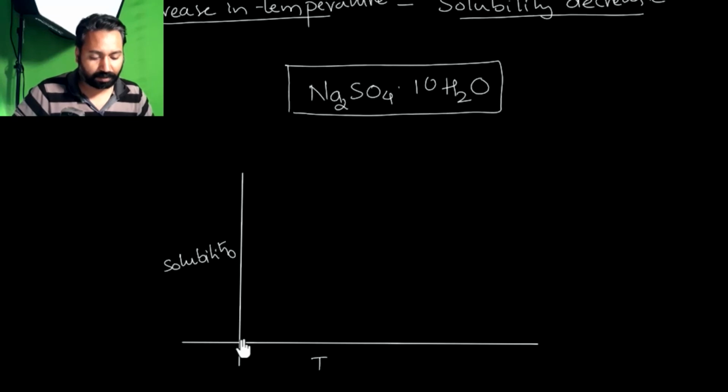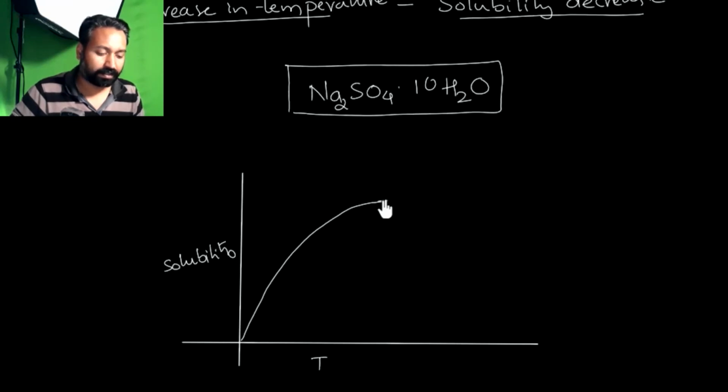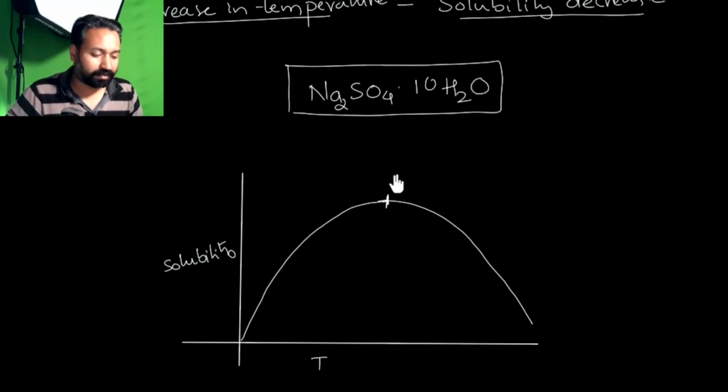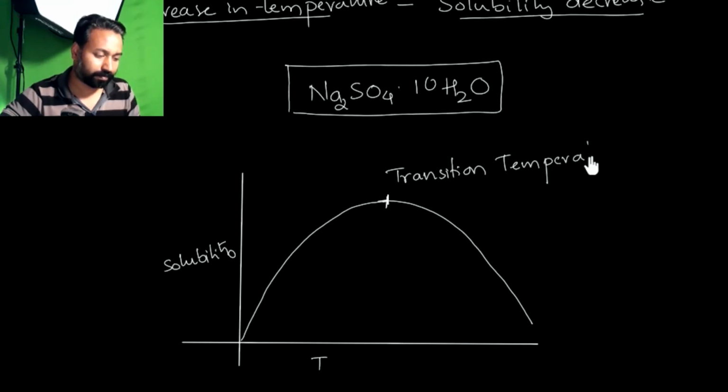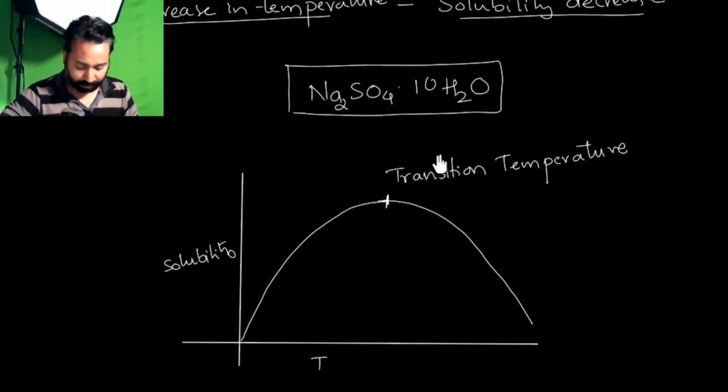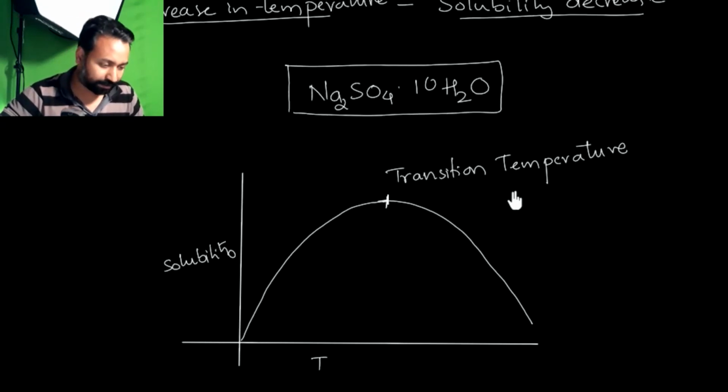As you increase the temperature, the solubility also increases, no doubt in that. But as you increase the temperature more, the solubility becomes stable, and later if you increase the temperature, the solubility decreases. The point where the solubility changes is called the transition temperature, and for sodium sulfate it is about 32.8 degrees Celsius.